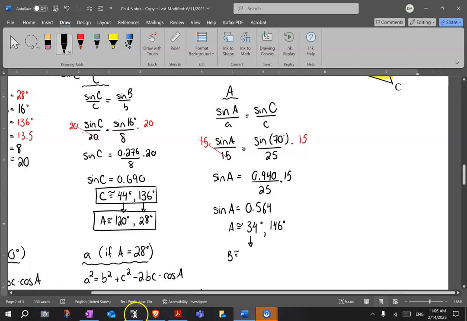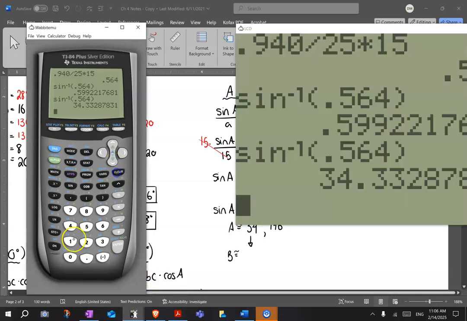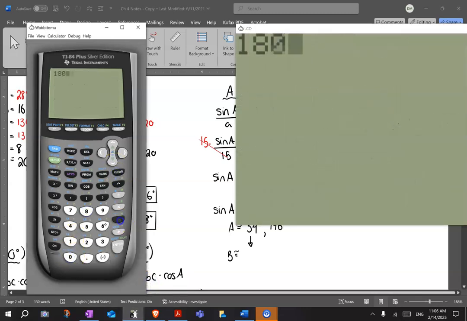So we'll bring up the calculator. You have 180 degrees in a triangle, but you subtract 70, and you then have to subtract 34. Okay, so my B could be 76.